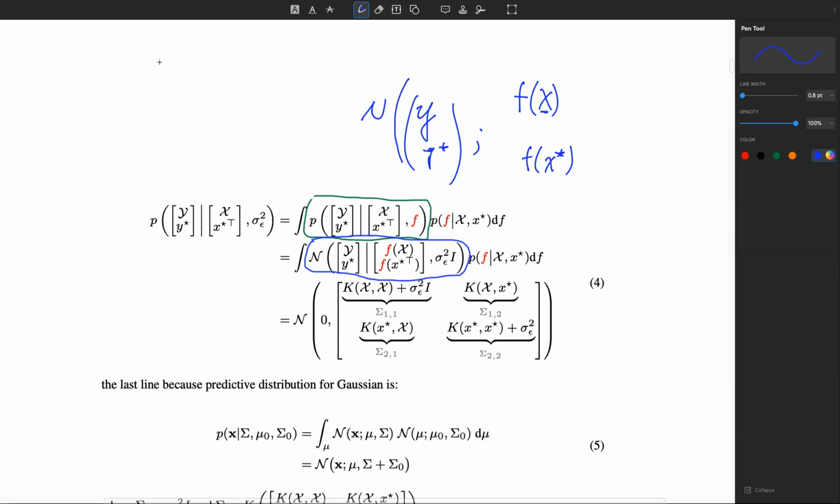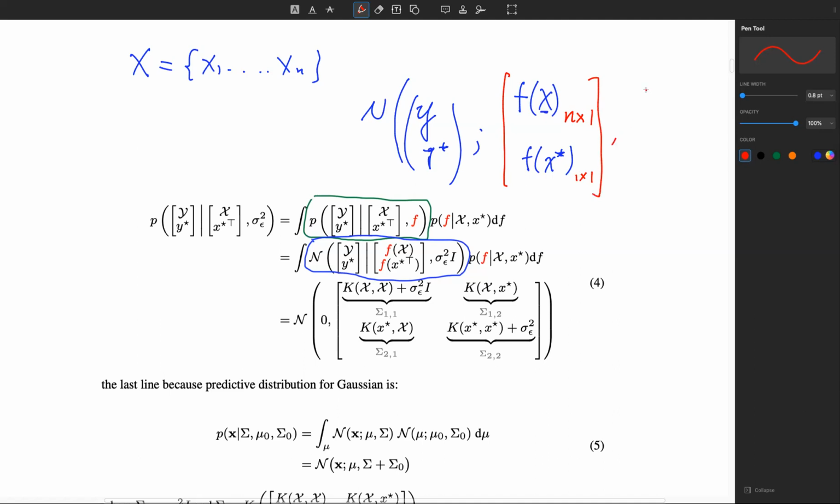So let me write them out clearly. Let big X be equal to x_1 to x_n, so this will be n times 1. Because it's a function value, it has to be 1D, but you have n different data points, and so this is 1 times 1. That's the mu.